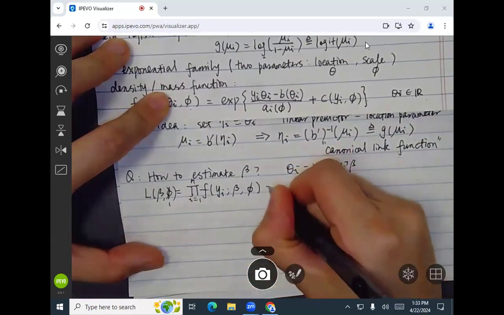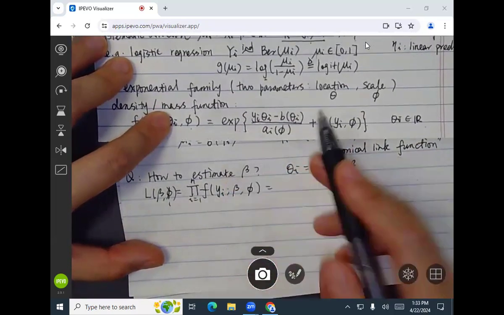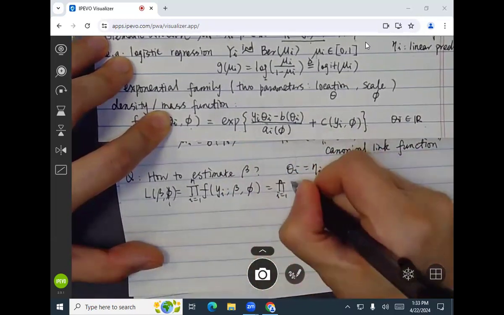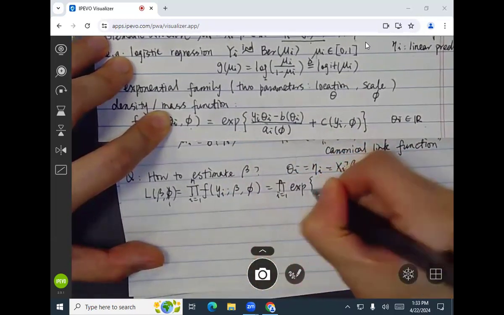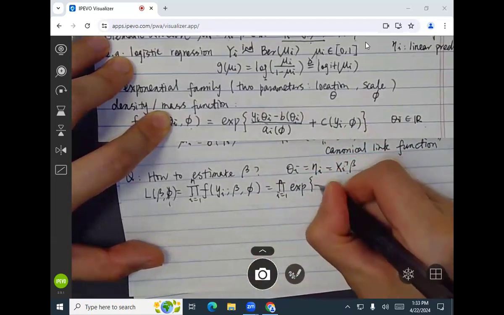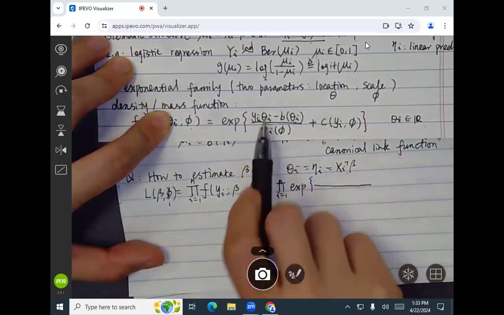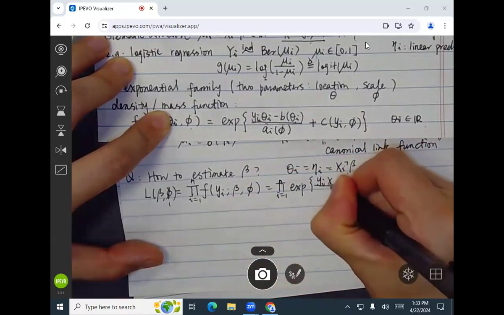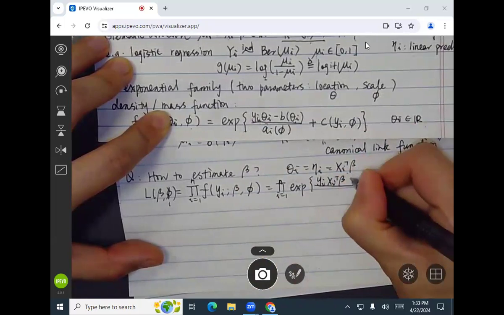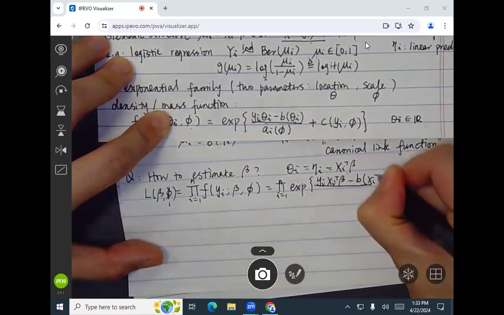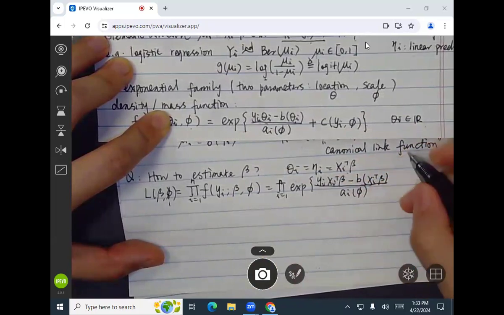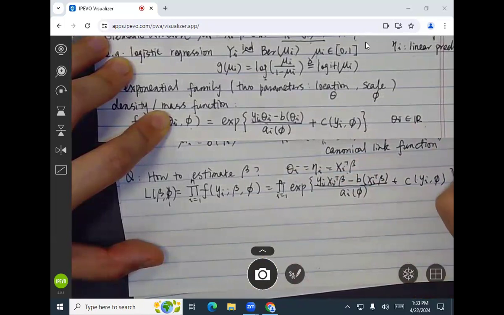So when I write down the density product, I put the exponential distribution here. And inside, I change theta_i to x_i transpose beta: y_i x_i transpose beta minus b(x_i transpose beta) over a_i(phi), this stays. And the second term has nothing to do with beta, it stays.